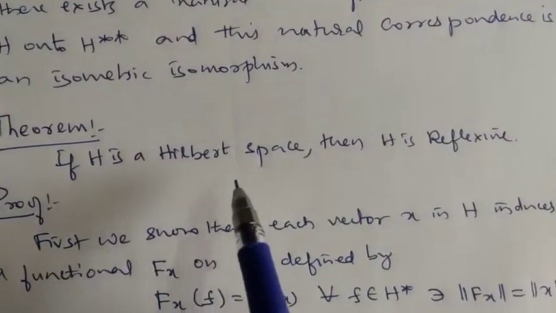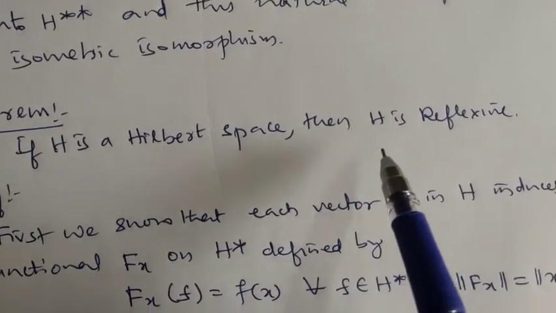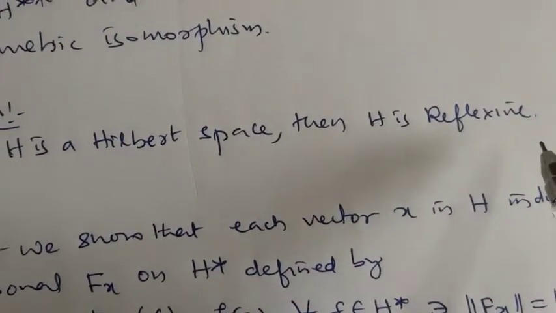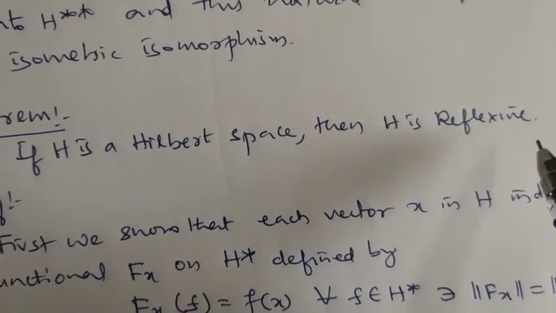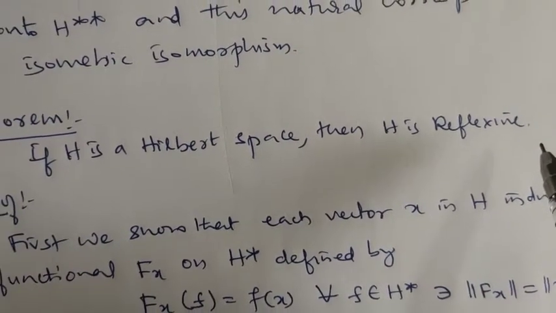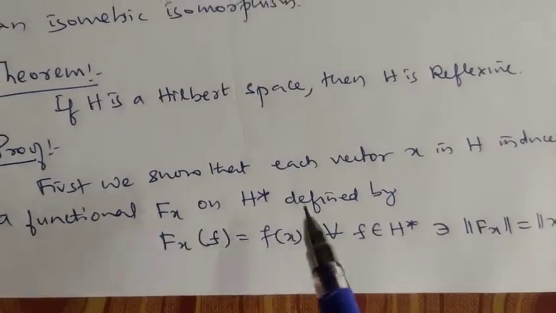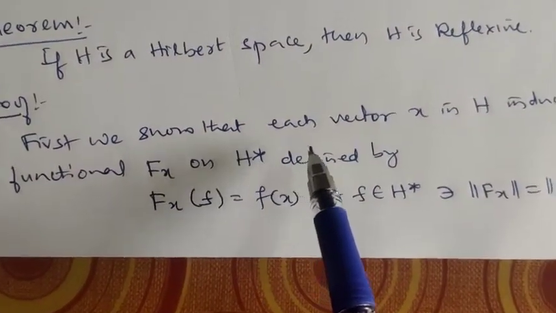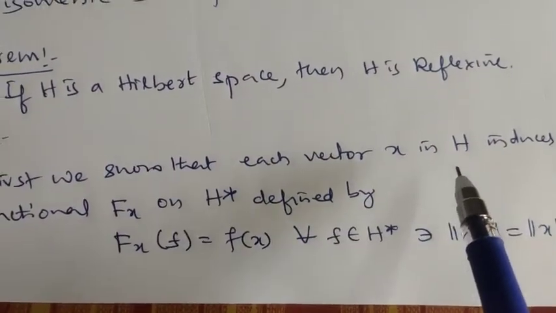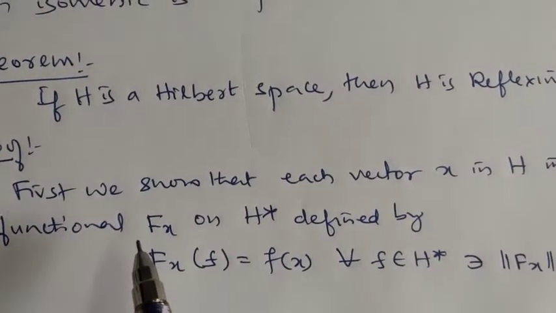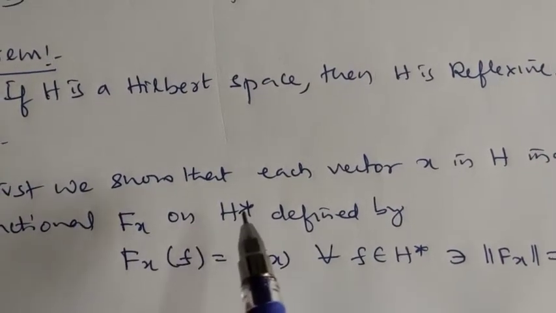That theorem says if H is a Hilbert space, then H is reflexive. A Hilbert space is a reflexive space. For this, first in the beginning we show that each vector x in H induces a functional fx on H star.